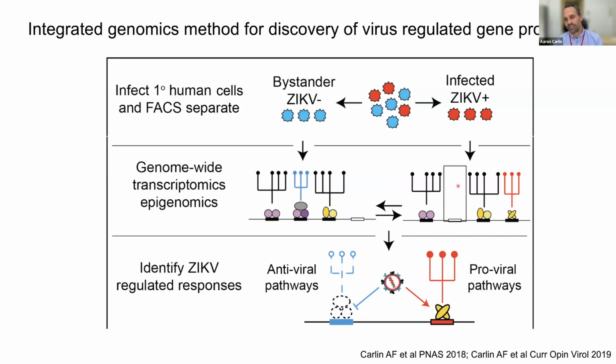This would tell us that this is likely a suppressed pathway in the infected cell, and pathways that are upregulated only in virally infected cells, but not in bystanders, really identify those pathways that the virus is specifically upregulating. Therefore we can investigate whether these pathways are truly proviral, things that are being upregulated by the virus, or antiviral, that are being suppressed, and understand that in a deeper way.